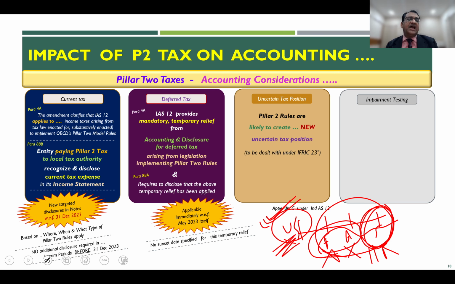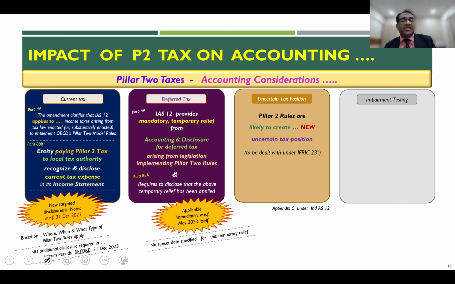Rather, if the ultimate parent entity jurisdiction has implemented the Pillar 2 rules, then the shortfall of 7% in our example would actually be paid by the ultimate parent entity, provided the jurisdiction in which it is located has also legislated the Pillar 2 rules. And therefore, you can realize that Pillar 2 rules are likely to create new uncertain tax positions.